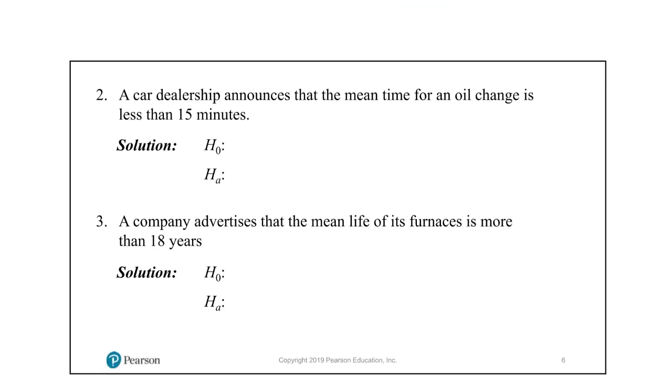All right. A car dealership announces that the mean time for an oil change is less than 15 minutes. Okay. Mean, so we'll use mu, is less than 15 minutes. So the statement made here is that mu is less than 15. So I take a look at that. Does it involve an equality? No. So that means it has to go to the alternative.